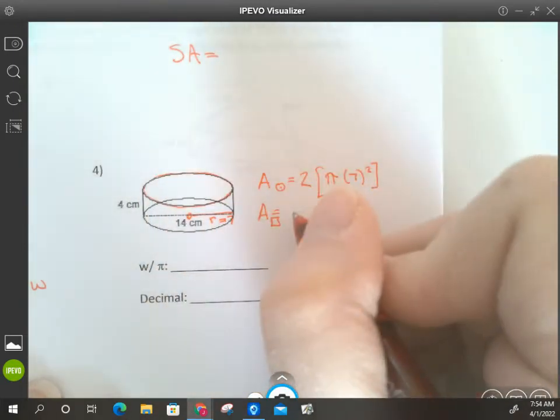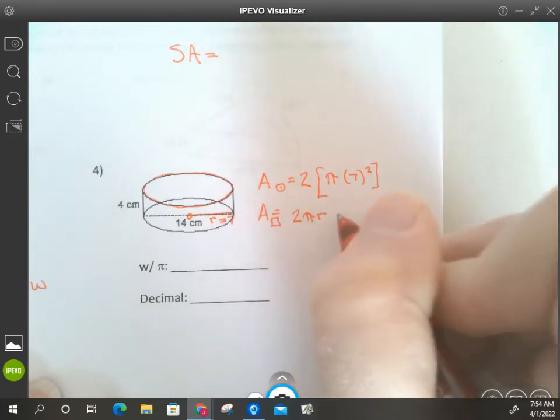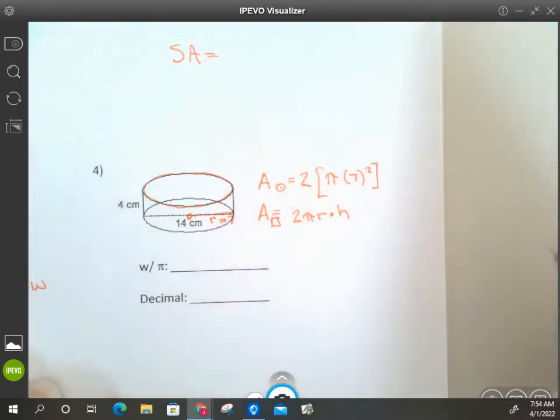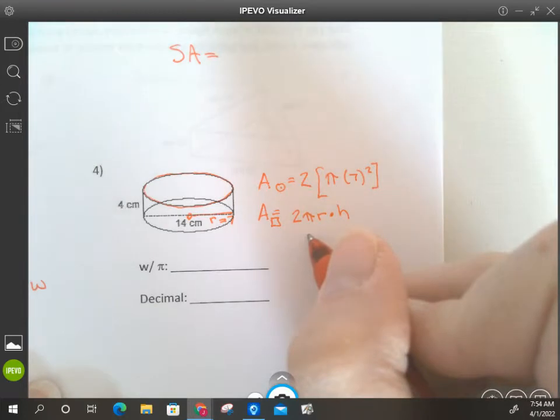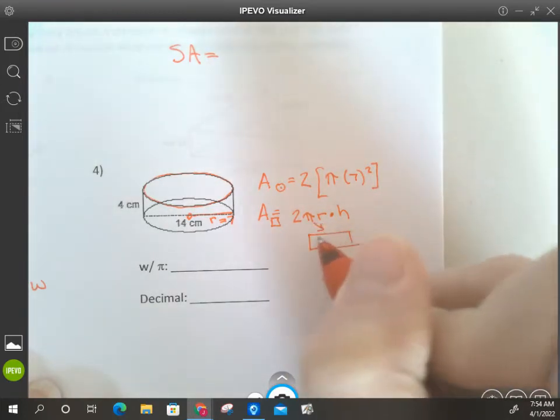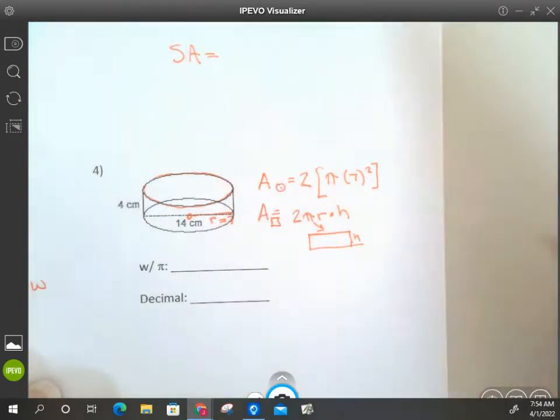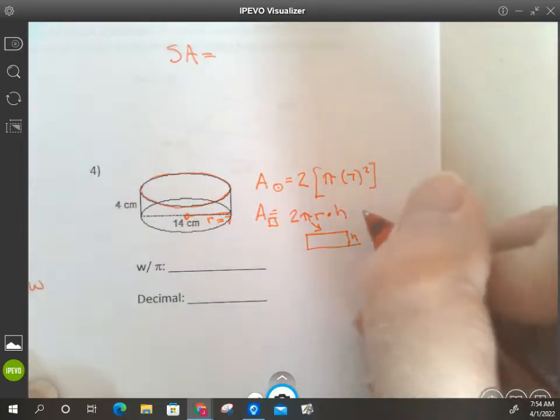So you have to take the perimeter, which is 2 pi r times the height. That's basically you finding this rectangle. The 2 pi r is the top of it, what would wrap around, and h is the height of that rectangle.